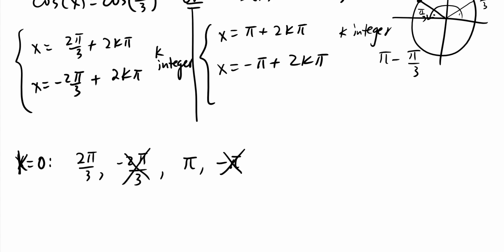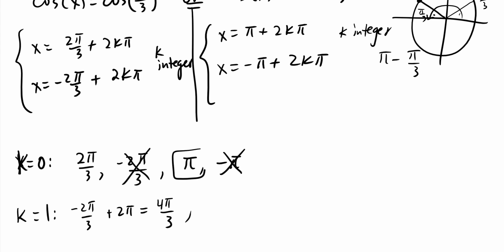What about if I take k equals 1? For the first equation, it is going to exceed 2 pi. The next equation would be negative 2 pi over 3 plus 2 pi, that's 4 pi over 3. That's okay. For the ones on the right side, pi plus 2 pi is more than 2 pi. But the other one would be negative pi plus 2 pi, which is pi, but it's already here.